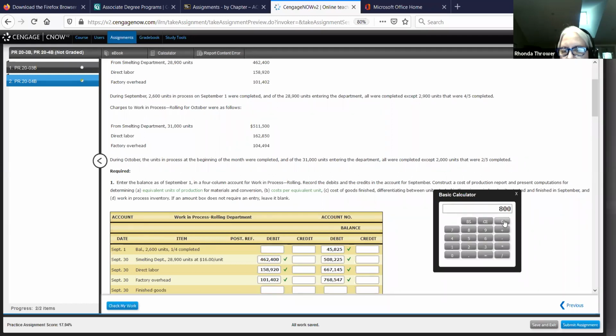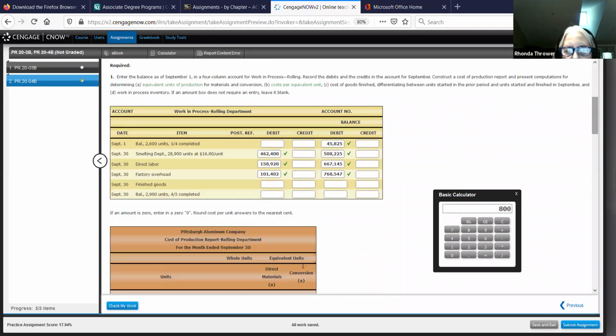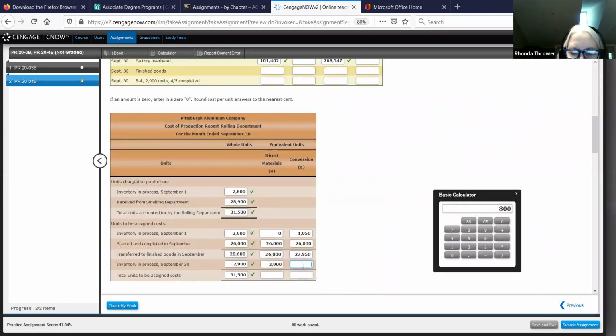Let me check that again. Okay, it was 2,000 times 2 divided by 5. Yep, 800 units. So 800 units we have completed, I'm sorry, with respect to conversion this month.